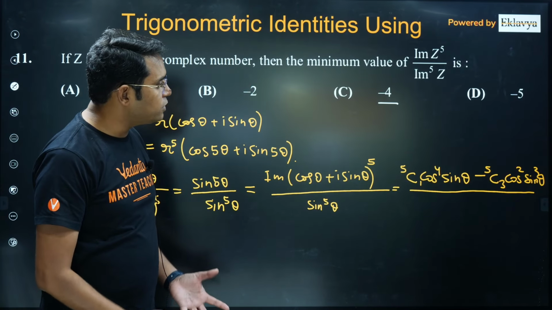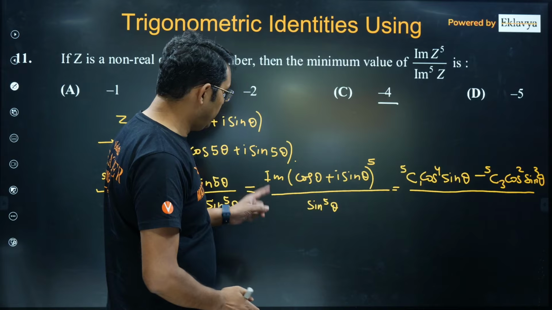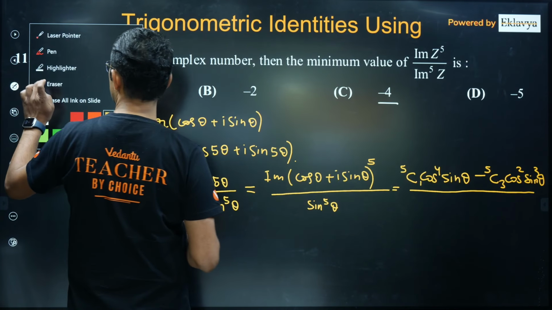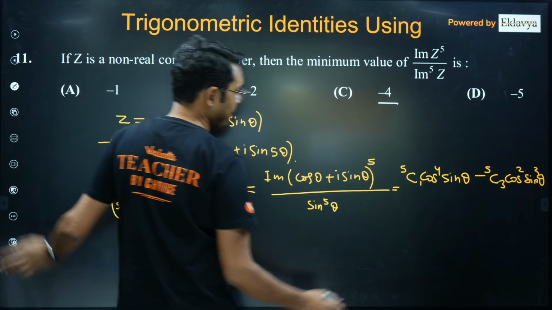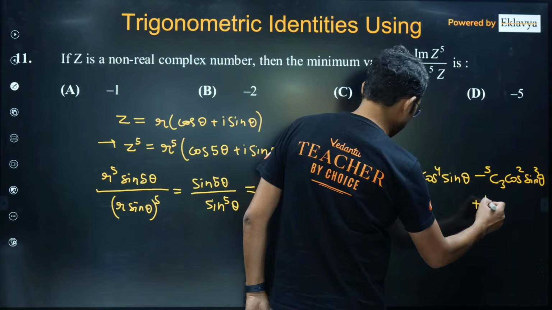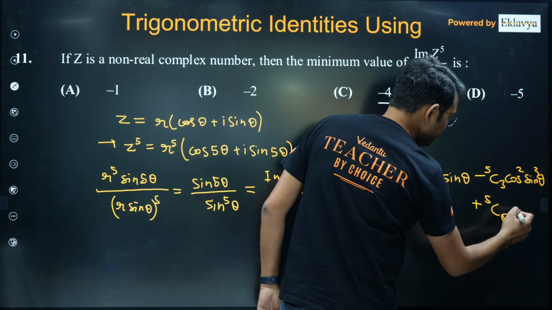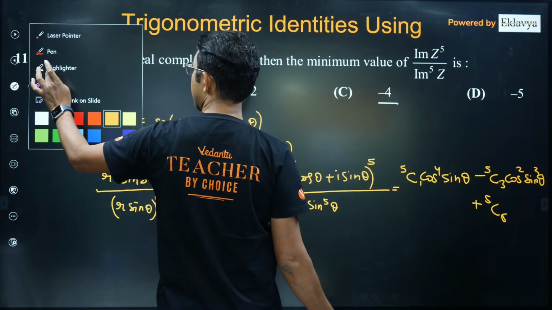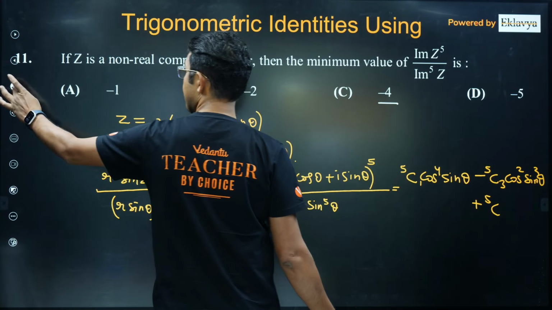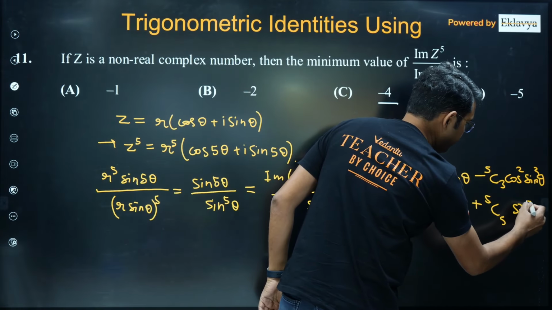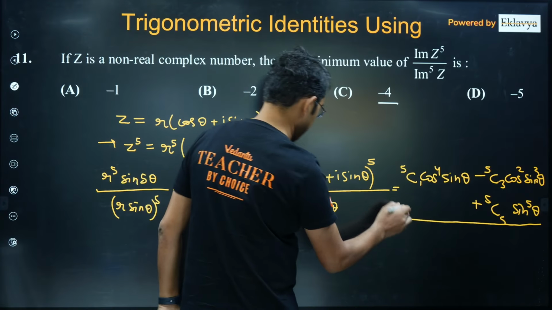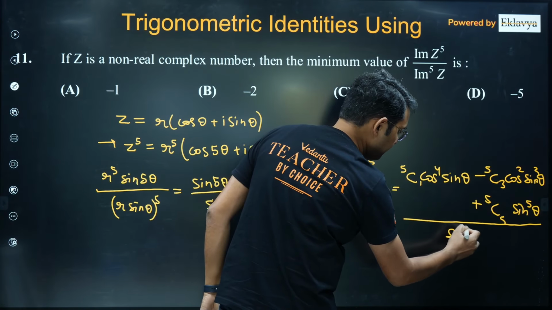Okay, and then next would be sin 5 also. So let me write here only, and that will come with a plus sign. So 5C5 and sin raised to the power 5 theta, and the whole divided by sin power 5 theta.